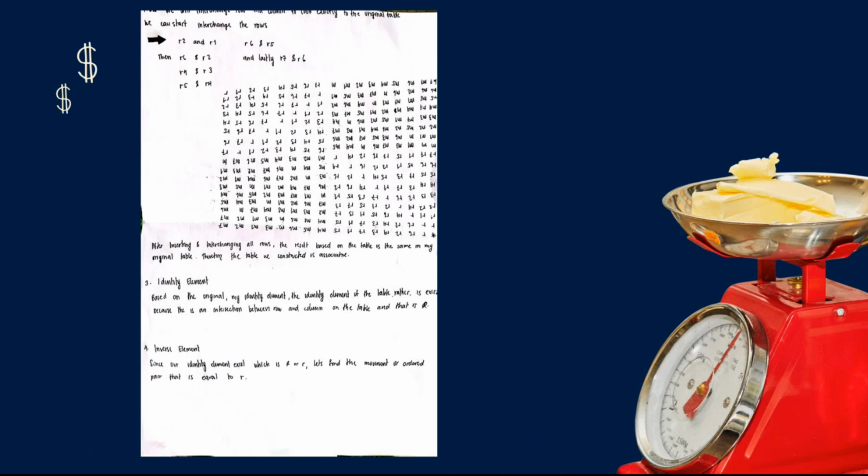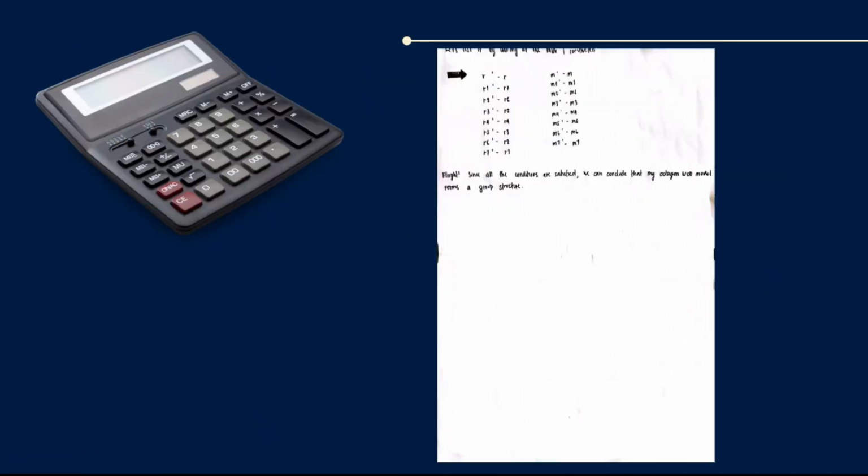And number four, which is the inverse. Since our identity element exists, therefore our inverse element exists also. Since our identity element is R, let's find the movement or the ordered pair that is equal to R. Let's list it by looking at the table I constructed.